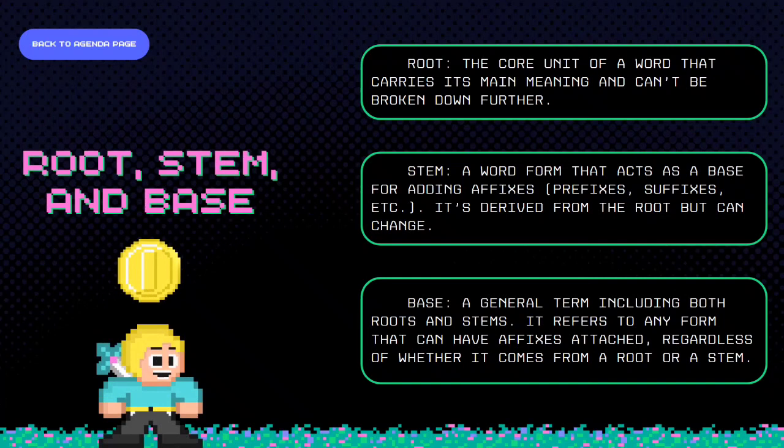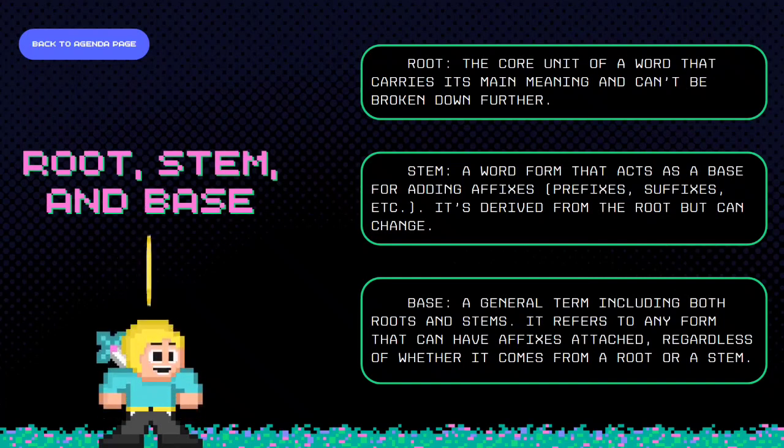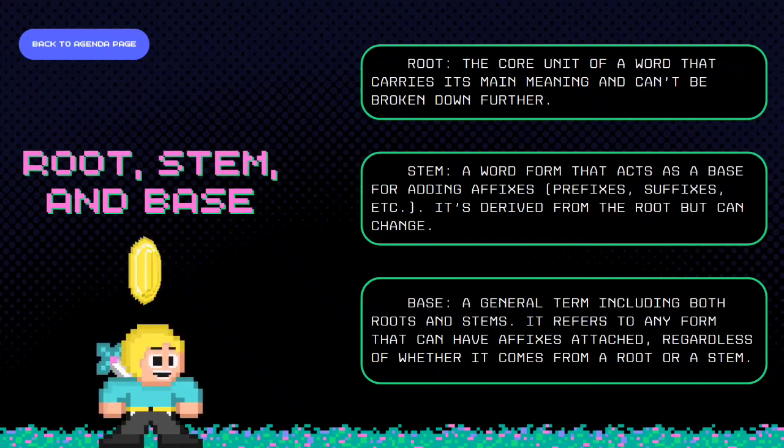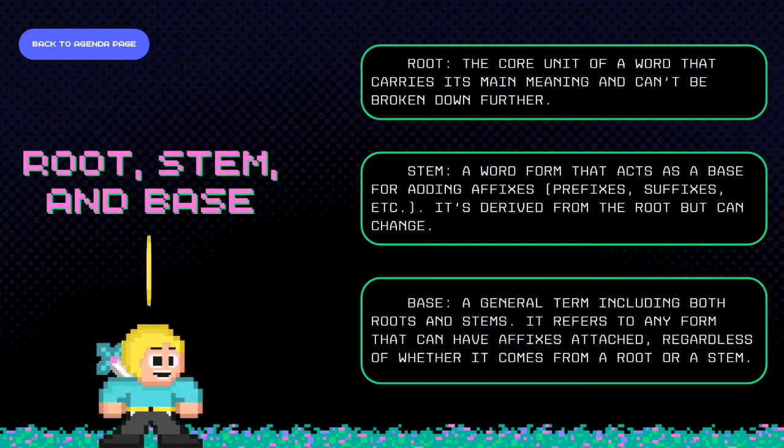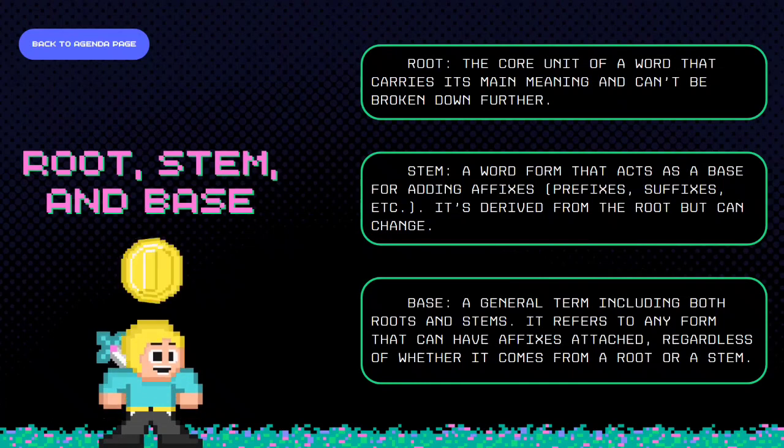Roots, the core units of a word that carry its main meaning and cannot be broken down further. For example, act in actor and action, meaning doing or performing. Stem, a word form that acts as a base for adding affixes, prefix, suffix, and others.